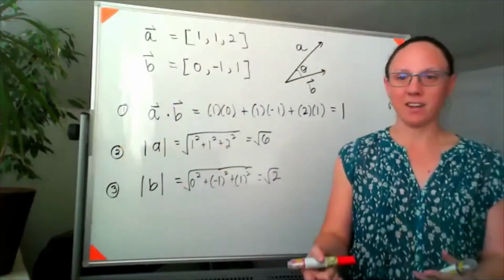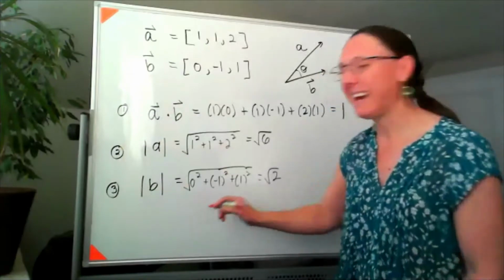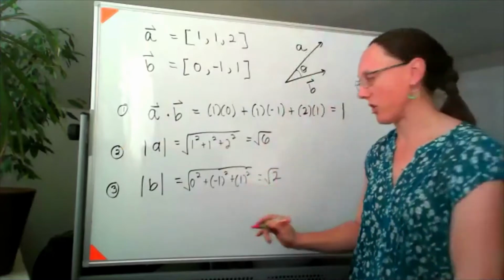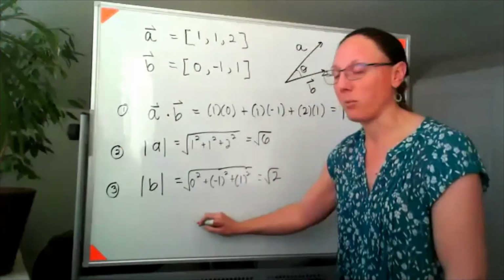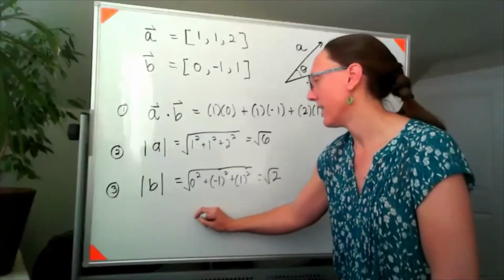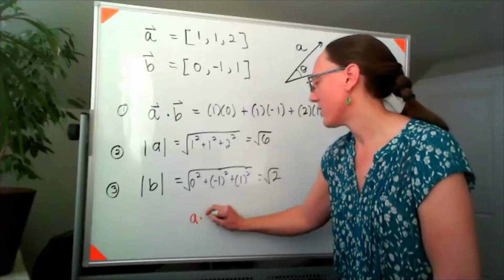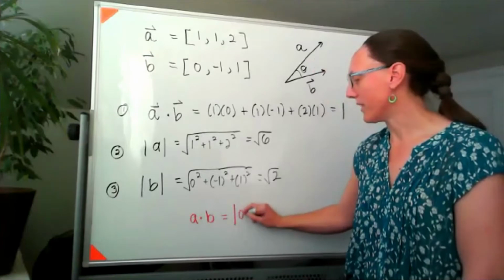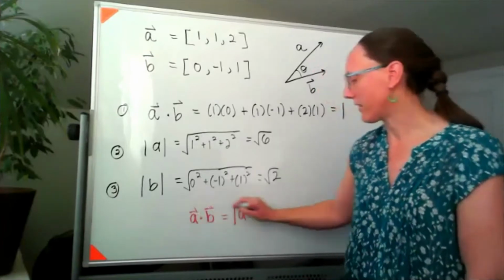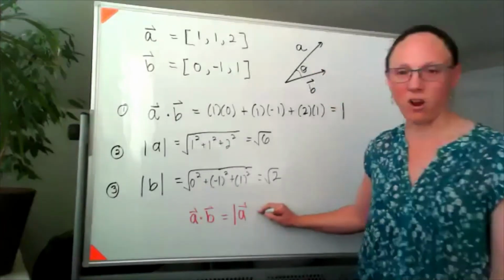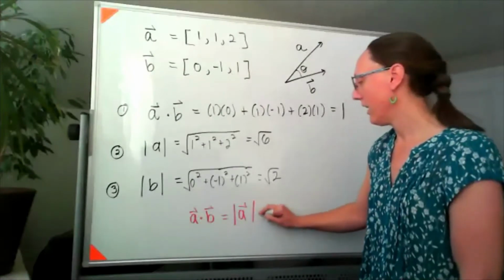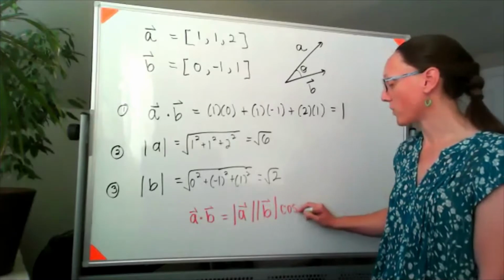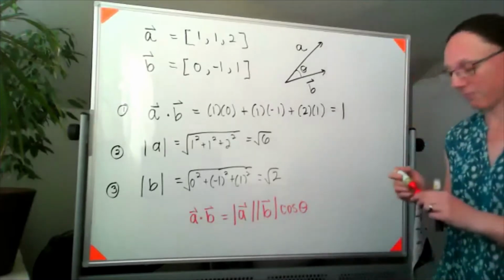Luckily, the book has taken that law of cosines, rearranged the whole thing in the picture, and given us this nice, neat little package, which says A dotted with B is equal to the length of A, and I'm going to put my vector hats on because I can't draw a bold letter, length of A times the length of B times cosine of the angle between them.